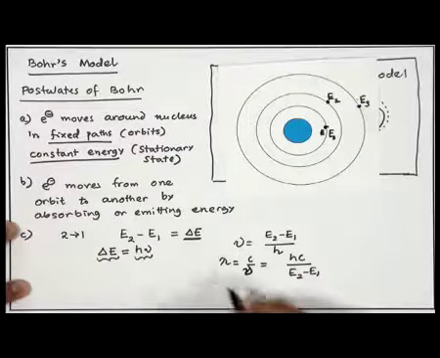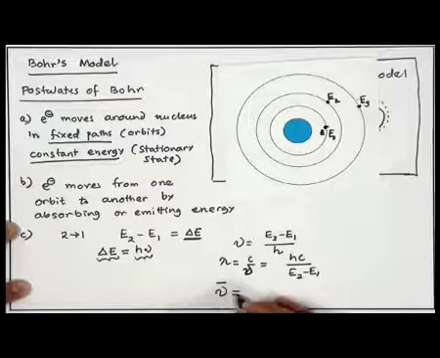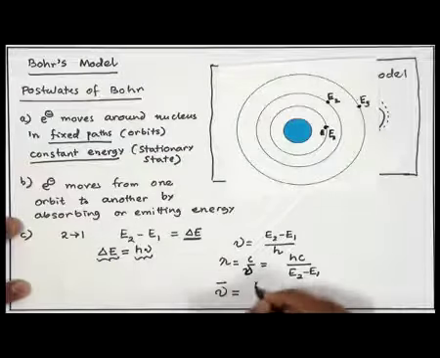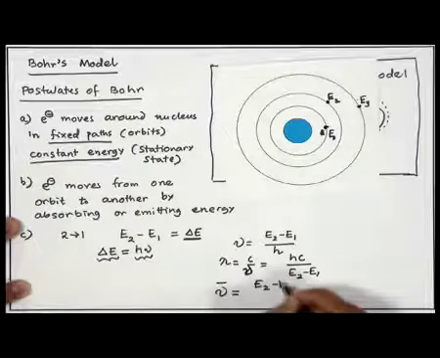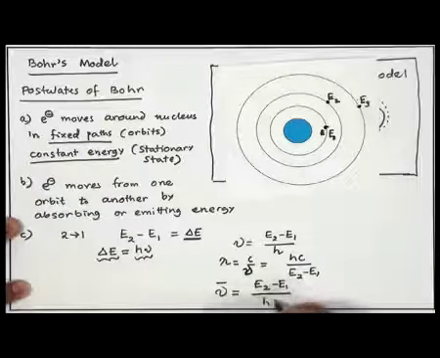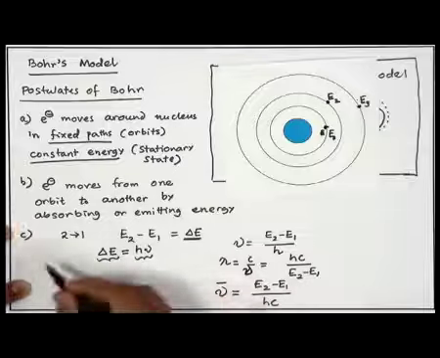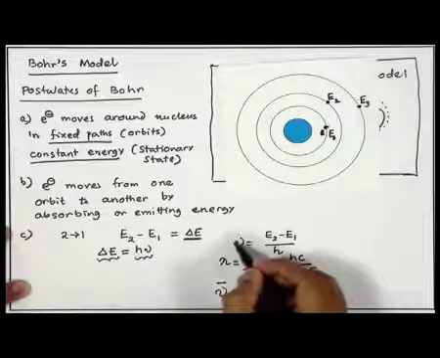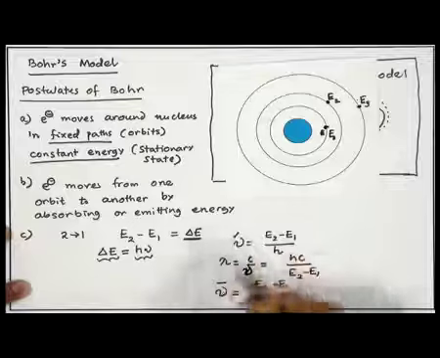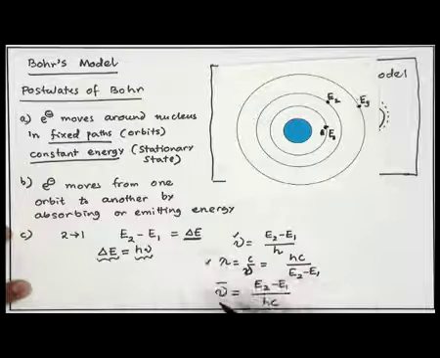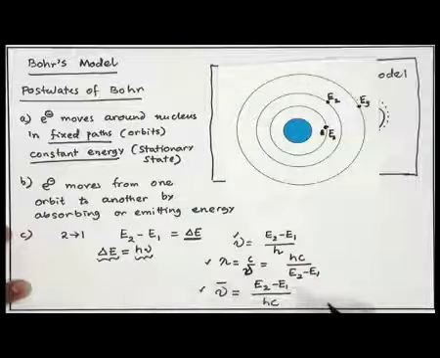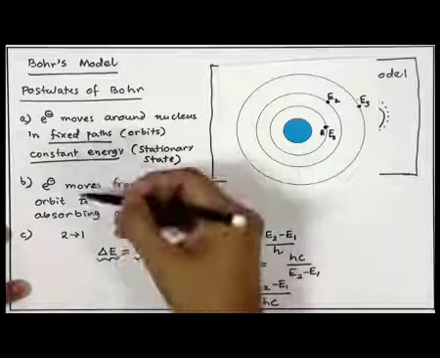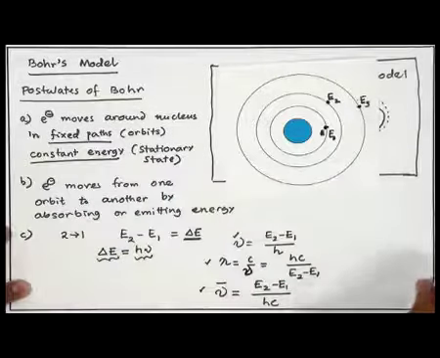We can also use nu bar, because that is what we have been using. That can be written down as E2 minus E1 divided by h c. So, it does not matter, we can express the radiations either in terms of its frequency, or in terms of its wavelength, or in terms of its wave number. These are the three postulates. There is one more postulate we will discuss next.